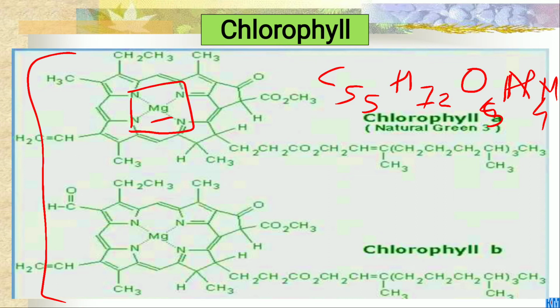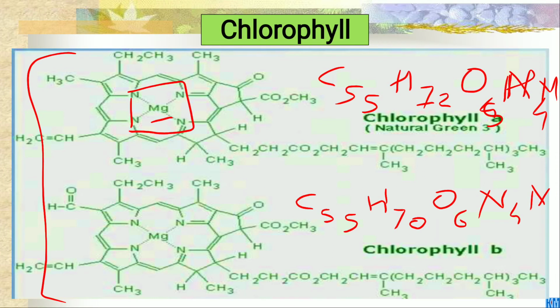Okay, this is the molecular formula of chlorophyll A, and chlorophyll B is C55H70O6N4Mg.